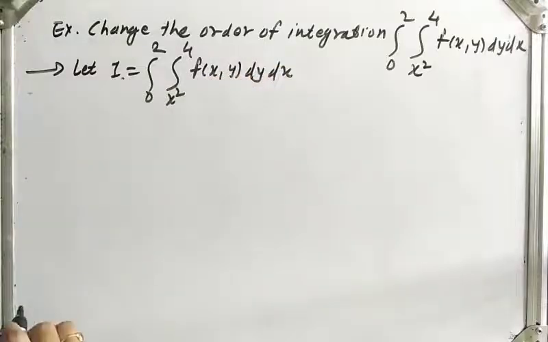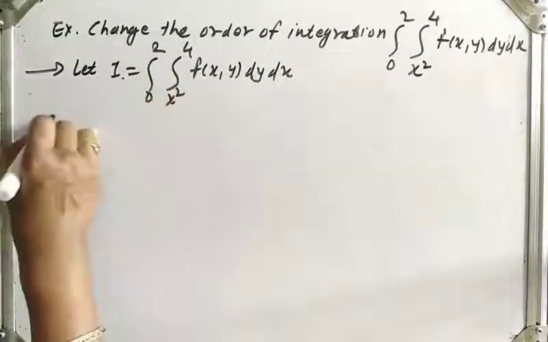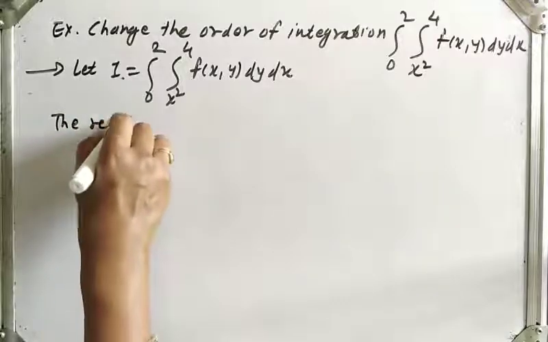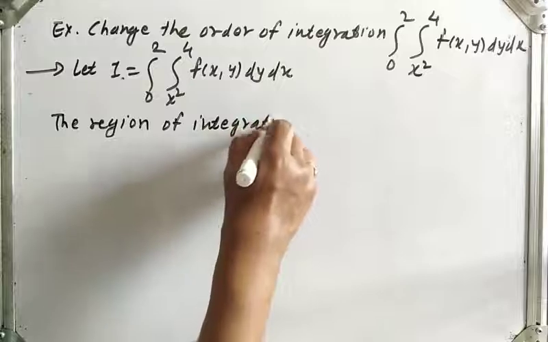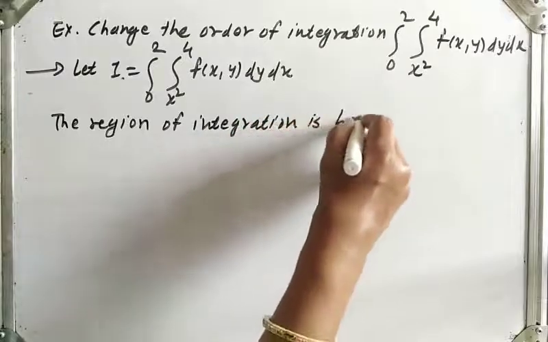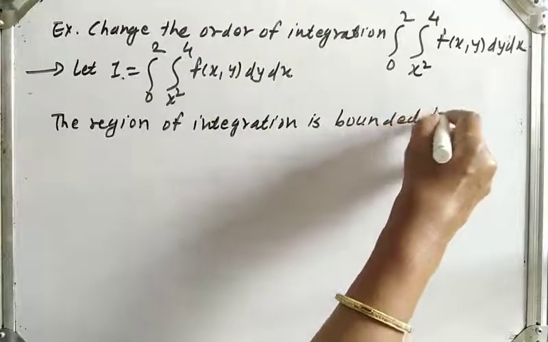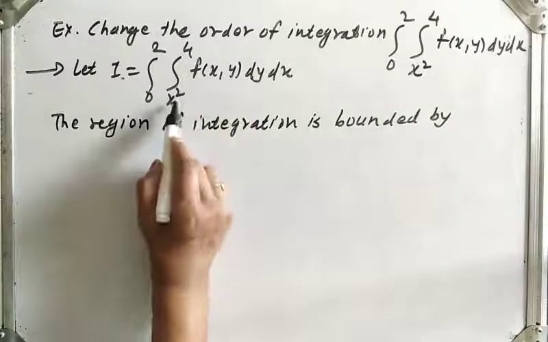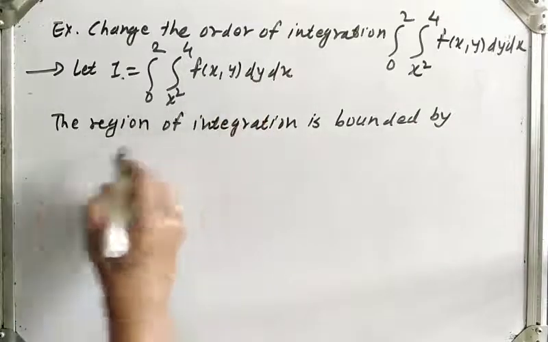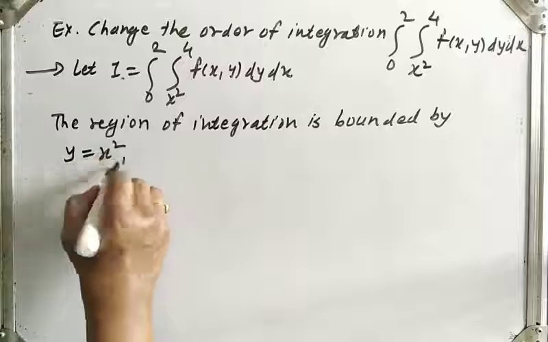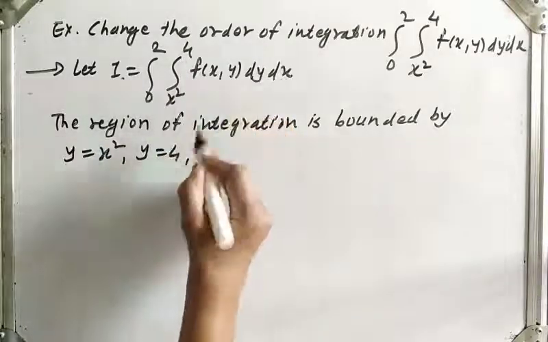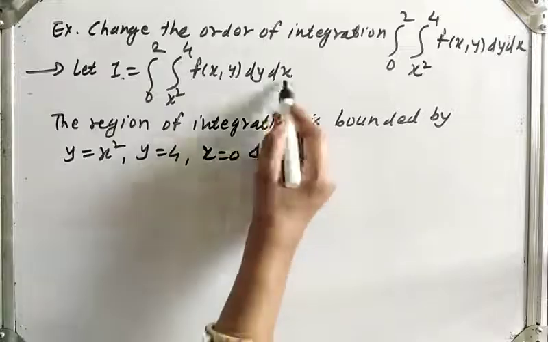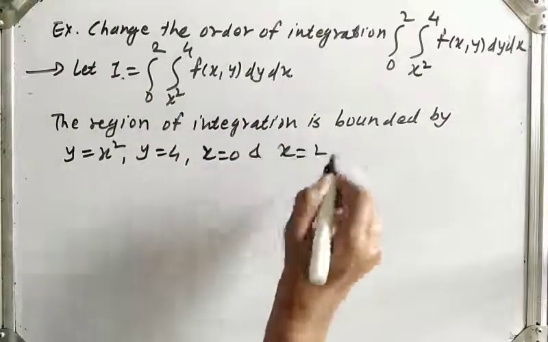In this integral, the region of integration is bounded by what? This is dy first, so y is equal to x square, y is equal to 4, then x is equal to 0 and x is equal to 2.